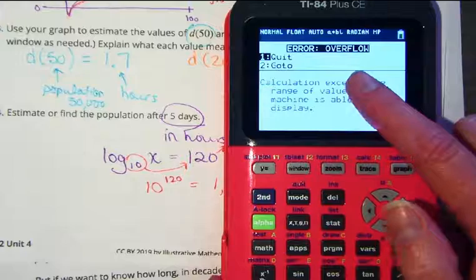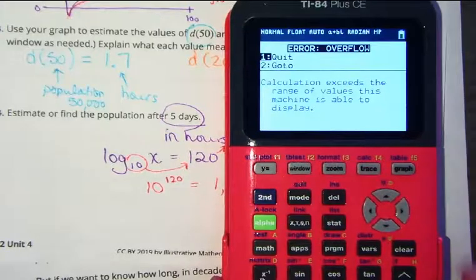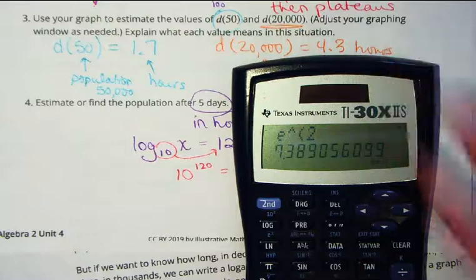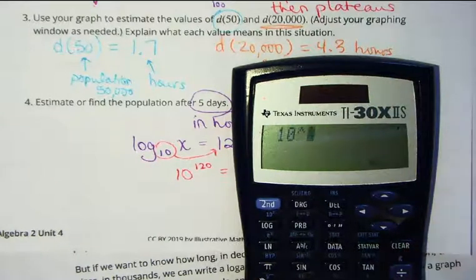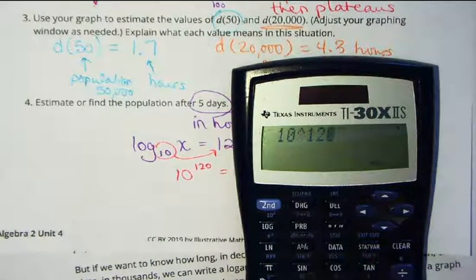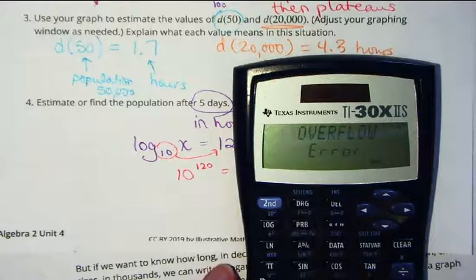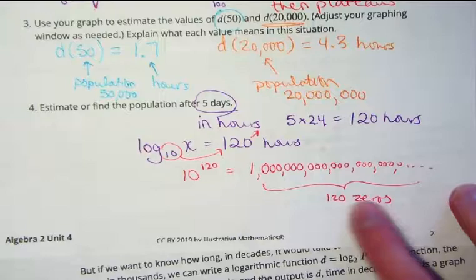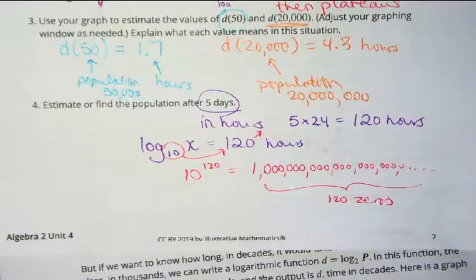So it's going to give you an overflow, exceeds the range that it can display. What is this one going to tell us? I'm so curious now. I love math. Turn on, calculator. 10 raised to the 120th power. Oh, it's going to give us an overflow error too. So that just tells us it's a gigantic number. Huge.